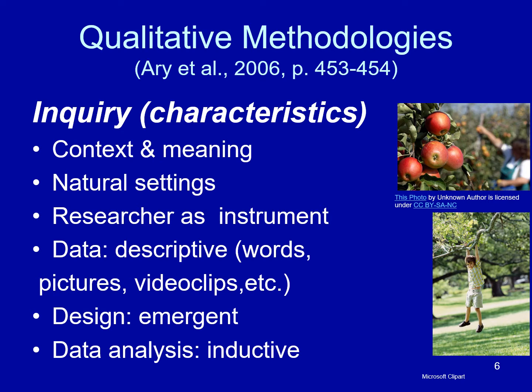Now, qualitative research could take place in a school, in a hospital, in a medical setting, in a police setting. But the key here is that the research takes place in natural settings. So this is opposed to or different to settings whereby the variables are manipulated.